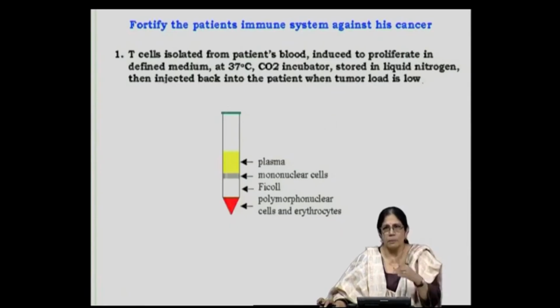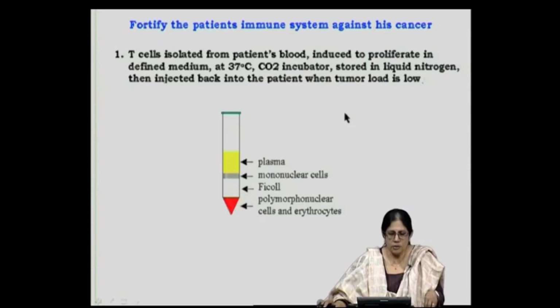Remember the dips: when the tumor load is high versus when the tumor load has come down after chemotherapy, and there are residual cells. Now, a smaller number of residual cells can be effectively killed by the cytotoxic T cells from the patient, which have been induced to proliferate and are larger in number. So, this shows well how one can actually purify the mononuclear cells.